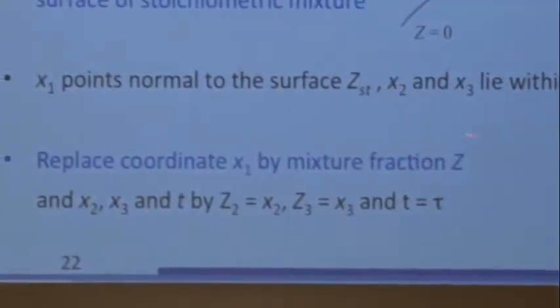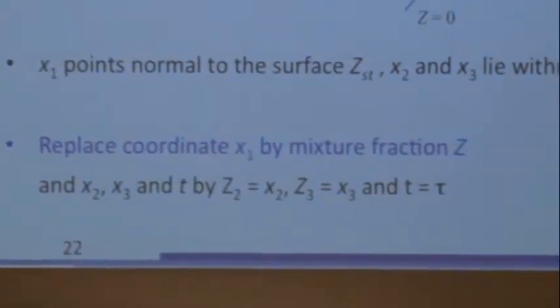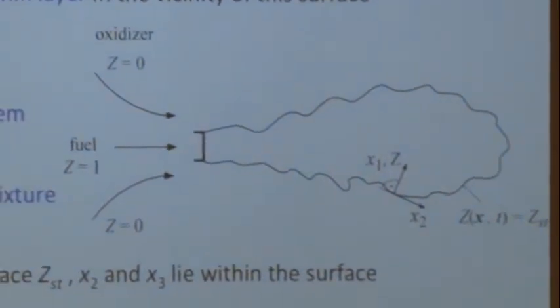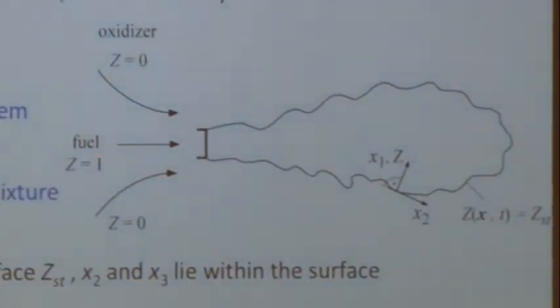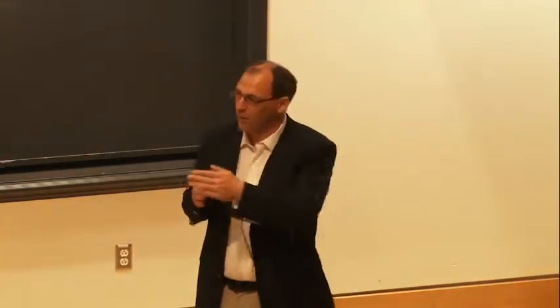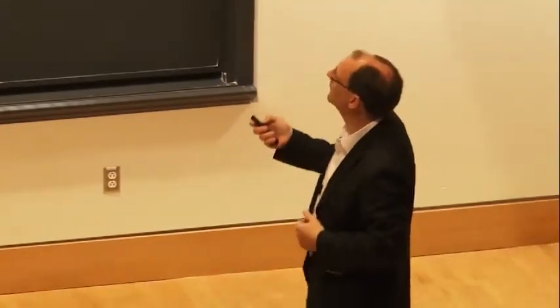Okay, so we replace x1 by mixture fraction, and because x1 is normal to the surface of stoichiometric mixture, x1 points in the direction of the gradient of mixture fraction. So the change of mixture fraction and x1 point in the same direction.